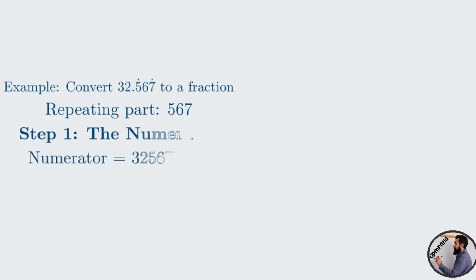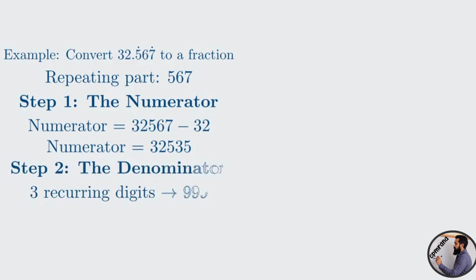First, we take the entire number as if there were no decimal, which is 32,567. Then, we subtract the non-repeating part, which is just 32. This gives us a numerator of 32,535. Now for the denominator. Look at the digits after the decimal point. 5, 6, and 7. All 3 are part of the recurring cycle.